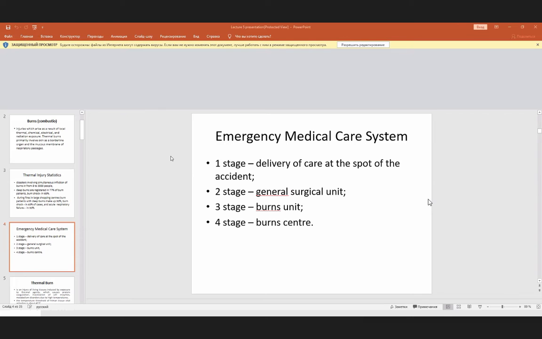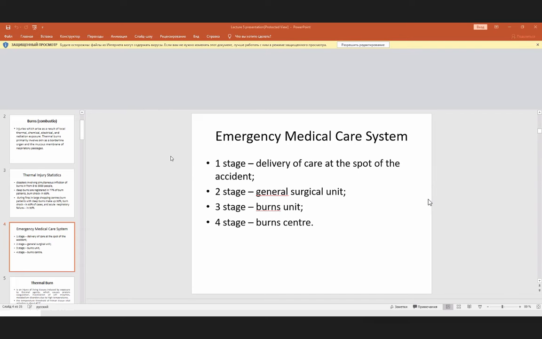Then granulation develops, 3 to 4 weeks. The regeneration phase completes the evolution of the wound, which undergoes epithelialization and cicatrization, scarring.